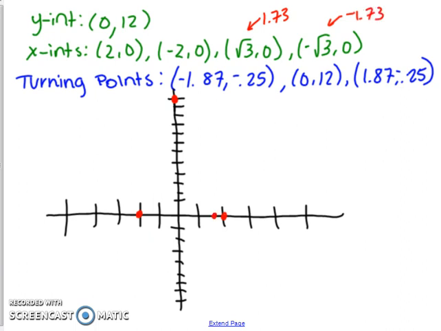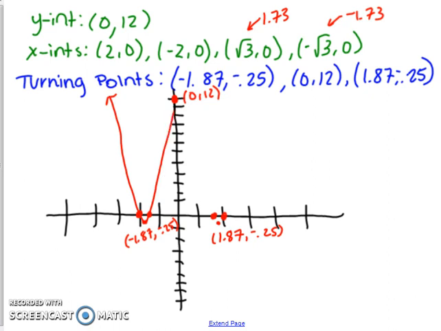So about here and about here. And then our turning points, about here. So I'm going to label that one, -1.87, -0.25. I'm going to label this one 0, 12, even though that's my y-intercept. And then out here is +1.87, -0.25. So when we go to fill this one in, it's going to go down, up, here, here.